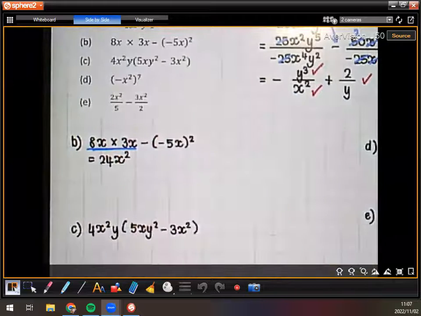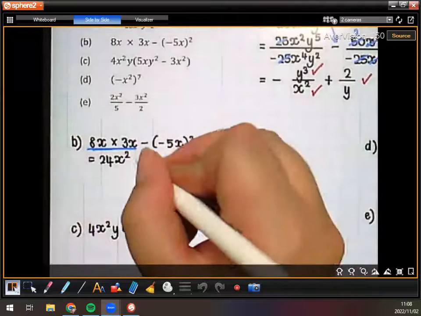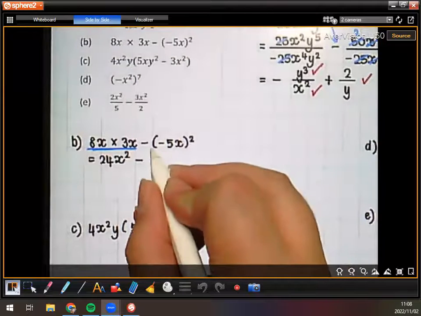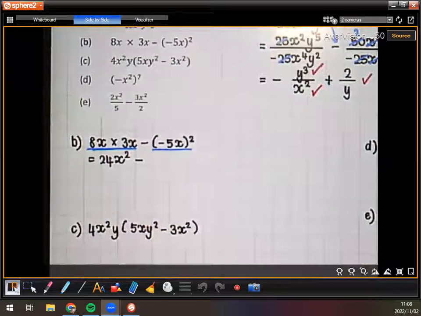Plus, oh, actually, wait. I said the wrong thing, guys. I didn't see that square thing. Do we multiply or do we do the exponent first? Bonus actually, sorry, I didn't see that square thing. So we have to leave that minus where it is. And then let's square that bracket first. What is negative 5 squared?